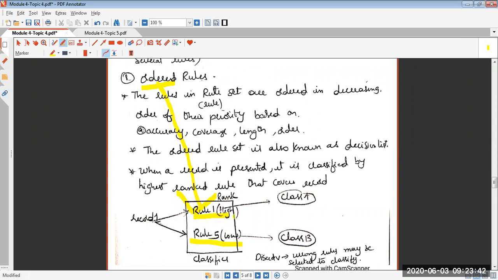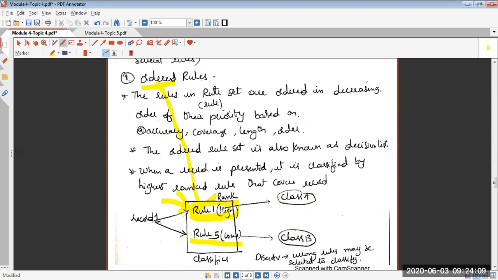Inside a rule, what will be there? There will be attributes and values. We saw that in the general form. A rule will have attributes and values. The attributes which are of high preference, high priority, so highly significant, important attributes, if those attributes are present in the rule, obviously the rule will be declared as a high priority rule.